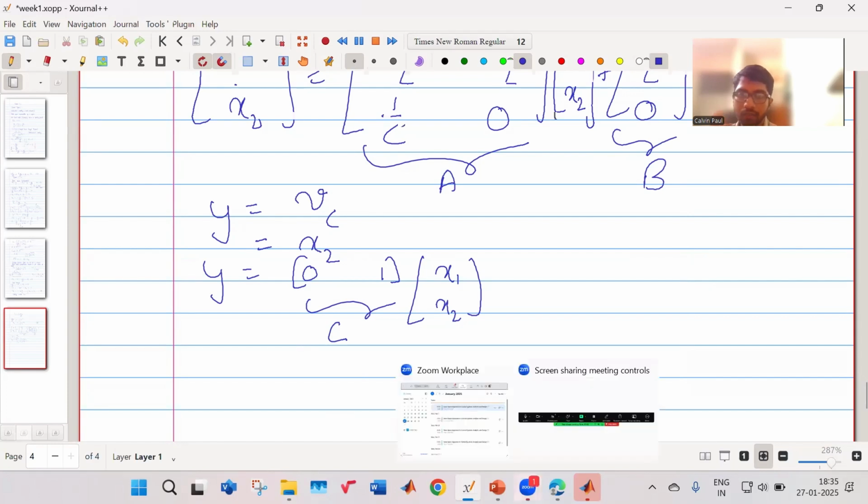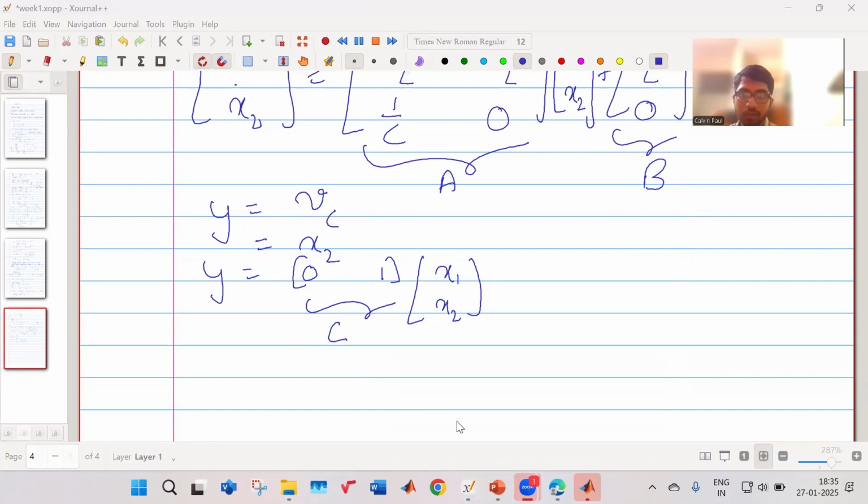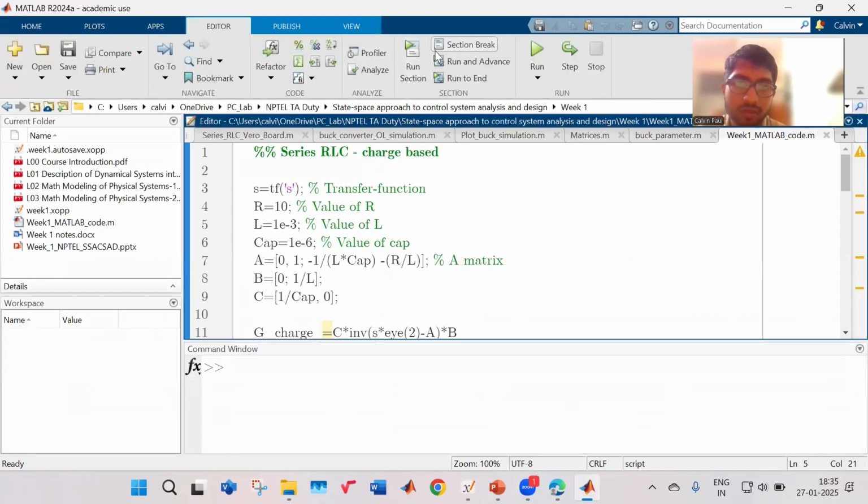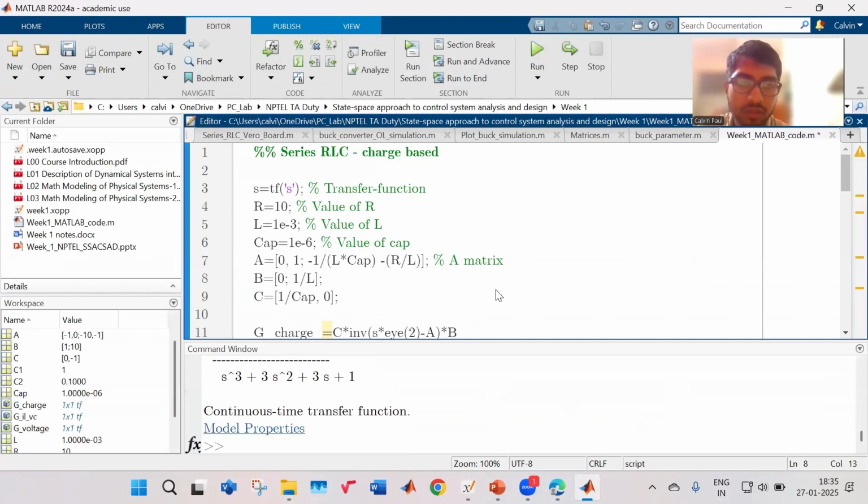All right. So now let me go to MATLAB, and let's move on to a quick trial run. So this is my series RLC, which I'll do the first time when I use the charge and the current as the states.